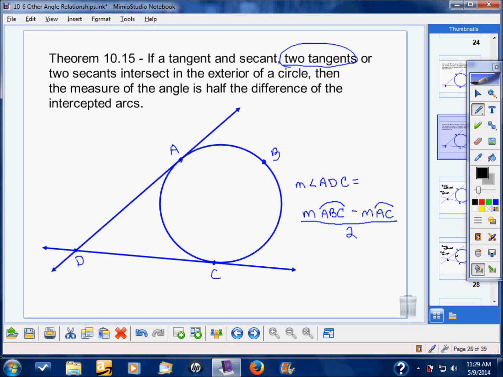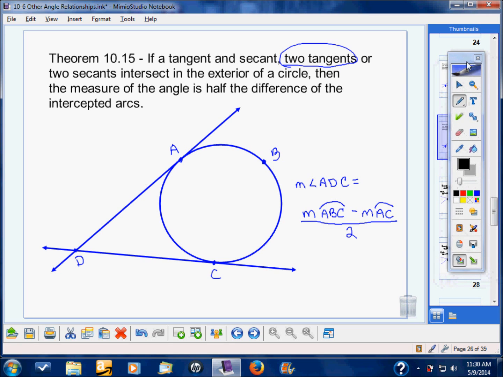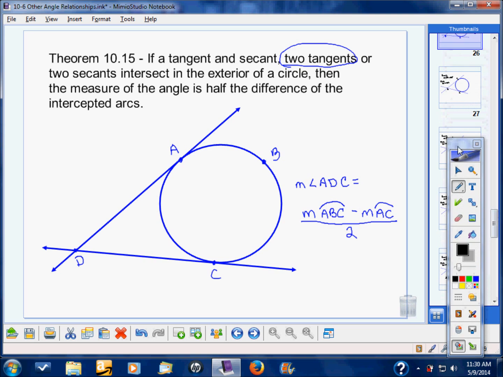As the next thing we need to do is look at some examples, because these are the ones that sometimes people get a little confused about. What's your question? How are the arcs intercepted? Here, the point and the point, those are the endpoints of the arcs.